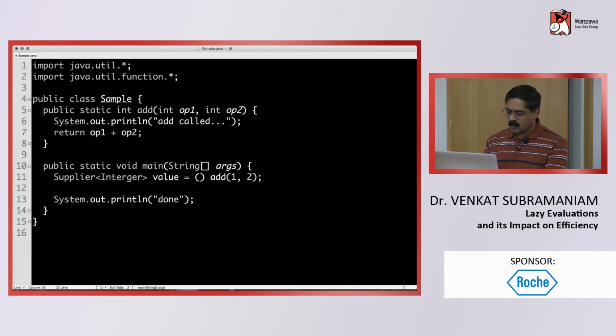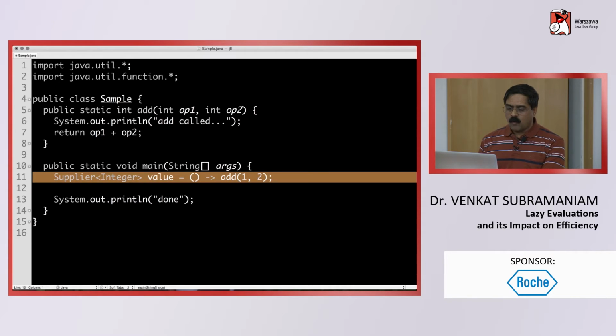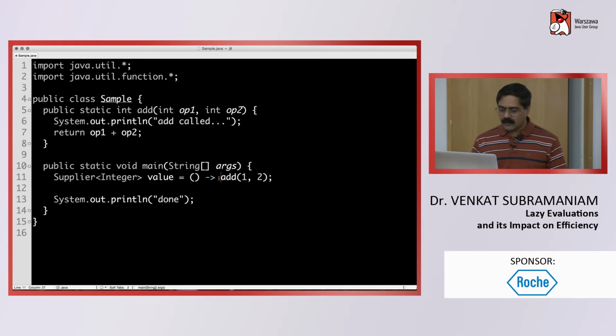And this time, however, notice I've created a supplier. Now, what does the supplier really do? Well, the supplier says, I am going to provide you a value, yield a result whenever you call. But one thing about supplier is it takes nothing, but it's always eager to give you back something. So I call supplier as its mother's love.